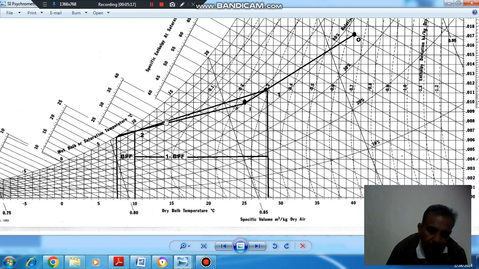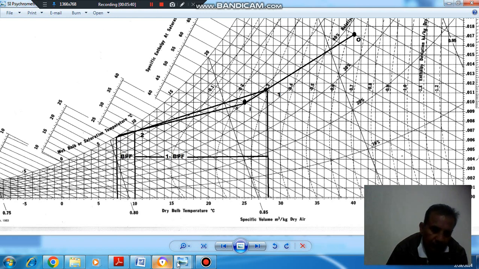So this is the sensible heat factor line, and this is the point at which the line touches the saturation curve, approximately 8 degrees Celsius.